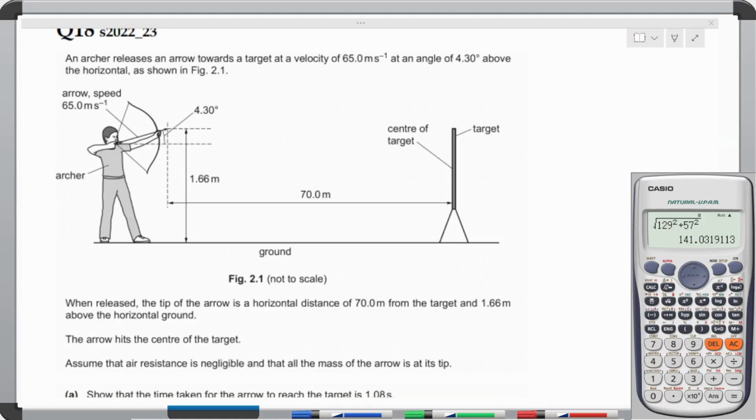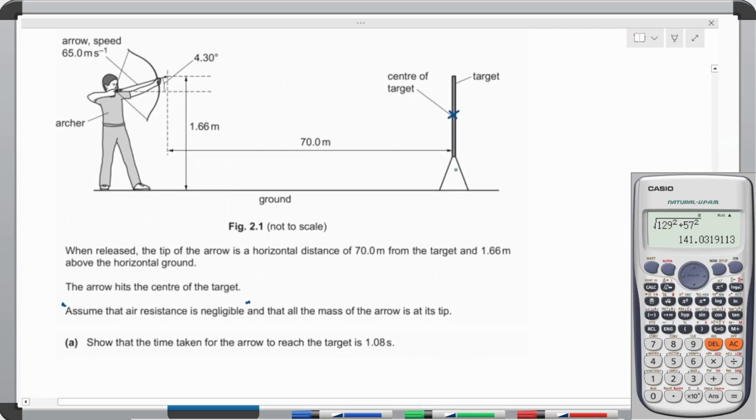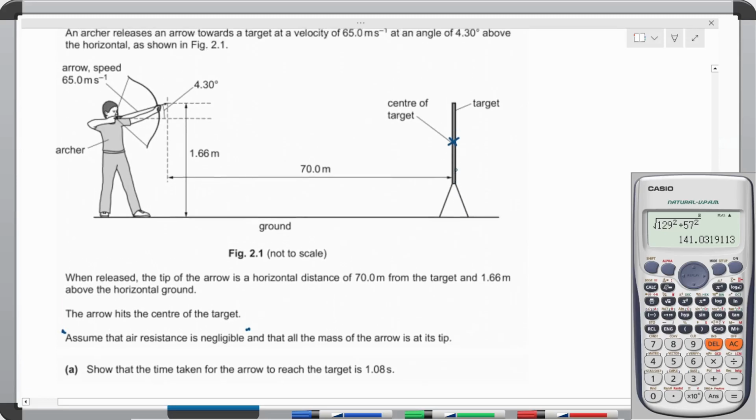All right, so let's move on to the next question that we have. An archer releases an arrow, okay, so here we have the diagram. Assume the air resistance is negligible. The projectile hits the target over here, and in the first part, we need to show that the time taken for the arrow to reach the target is 1.08.